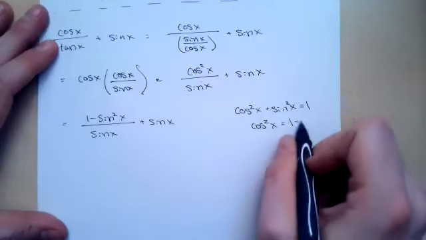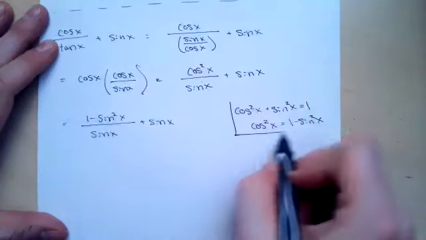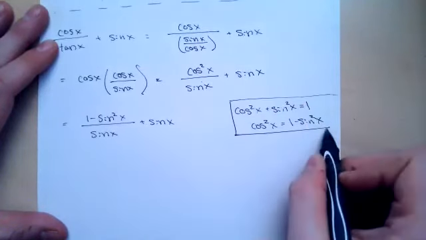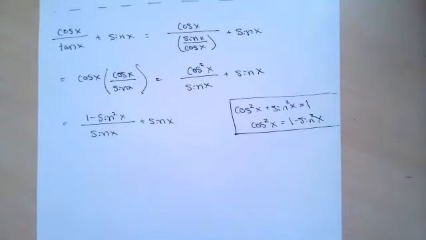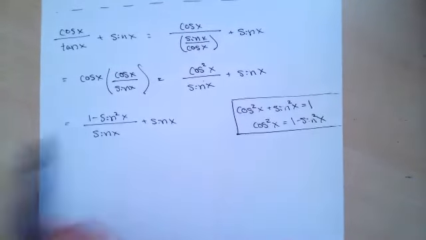If you're not used to using these or don't have them memorized yet, practice writing them out. The more you write it out, the more it helps ingrain it in your brain. So we converted our cosines into sines and some constants.